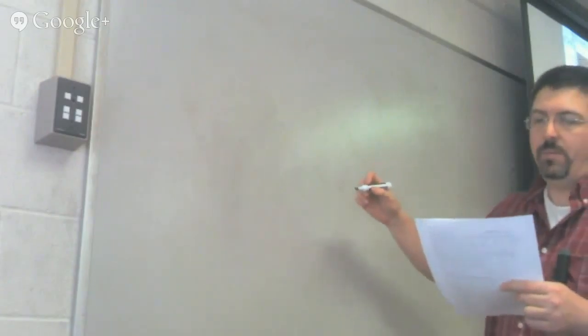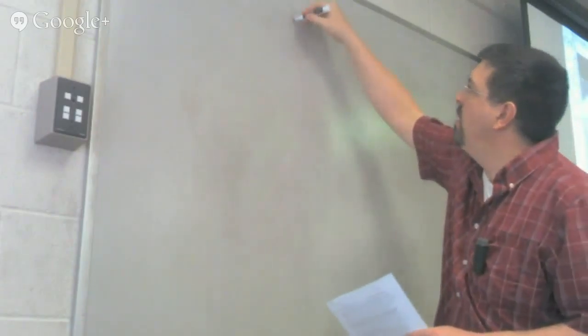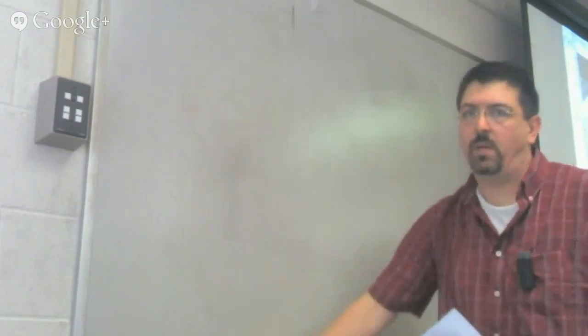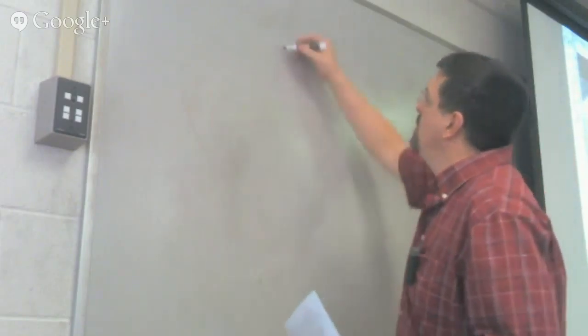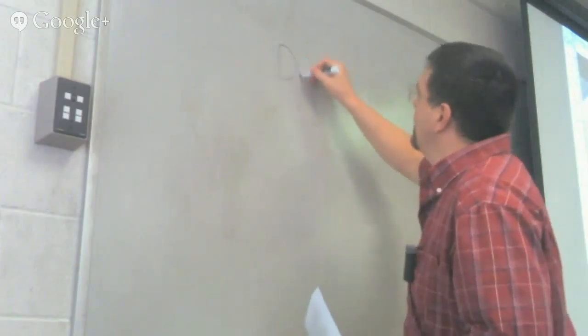Okay, so we're going to do this last one where we're going to diagram the processes involved in doing the water modeling as we discussed in class. Okay, so we have our DEM. So I got a bad pen.